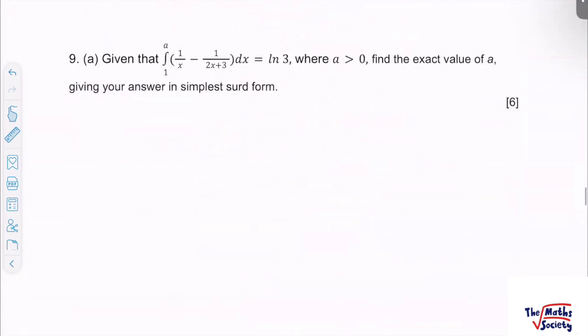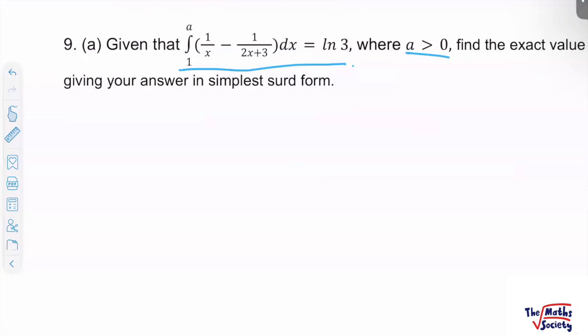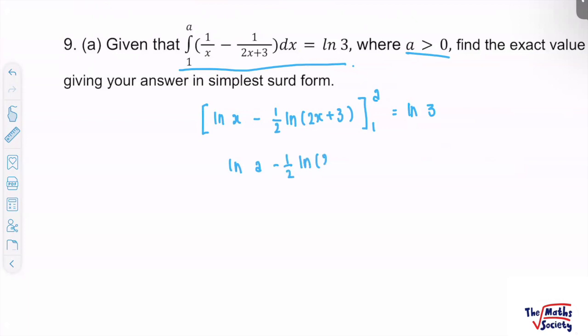Yep. Now moving on to question 9. It is given that the integral, where a is greater than 0, you just need to find a. Integrate it, simple: ln x minus half ln 2x plus 3, from 1 to a, equals ln 3. So that's going to be ln a minus half ln 2a plus 3 plus 1 by 2 ln 5 only.